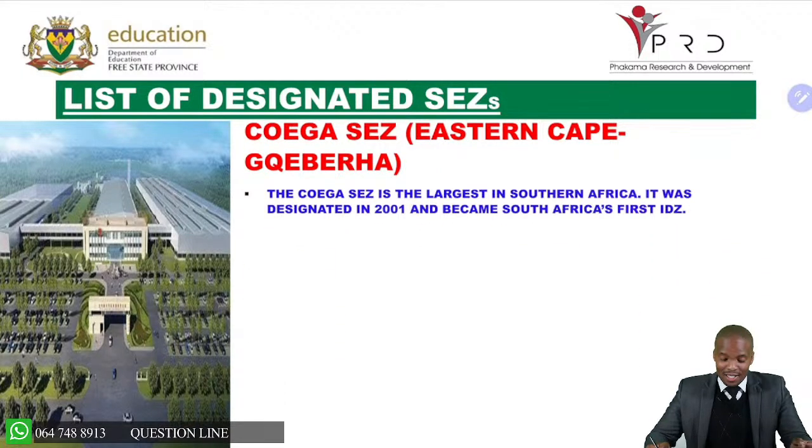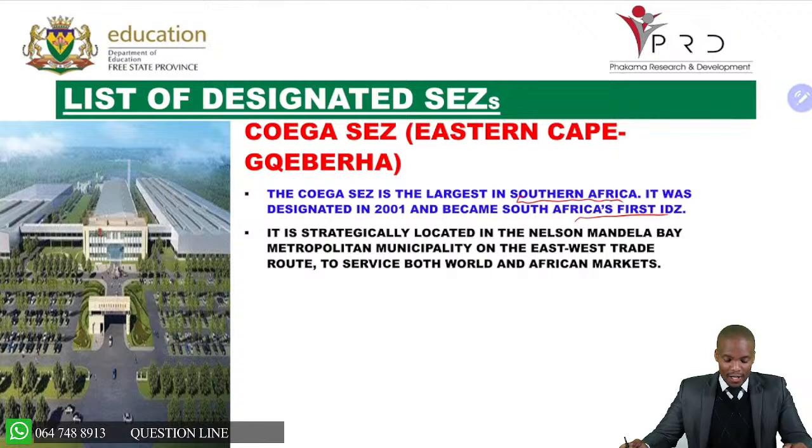It is the largest in Southern Africa. It was designated or established in 2001 and became the first IDZ. So that means it's the biggest in South Africa, and it is the oldest in the country. Where is it situated?